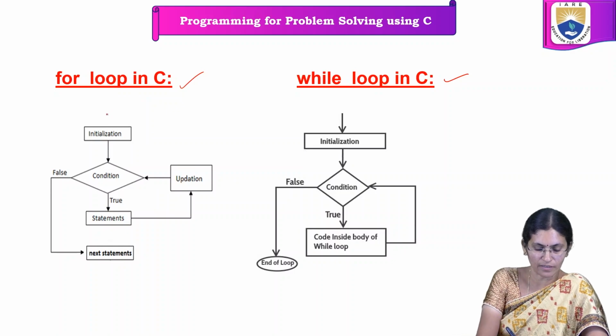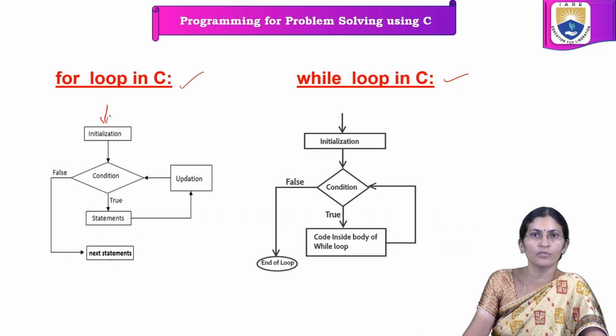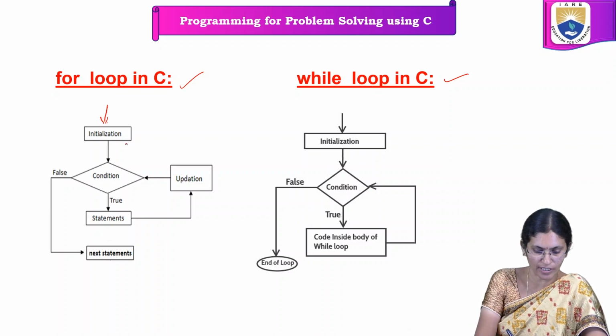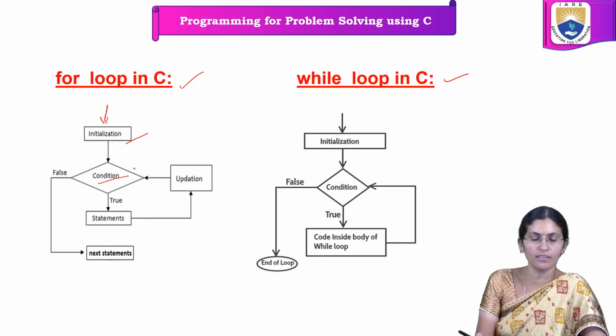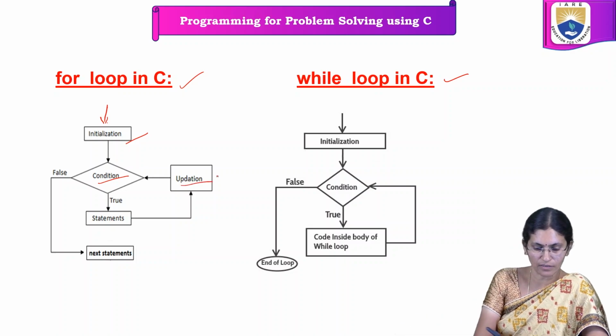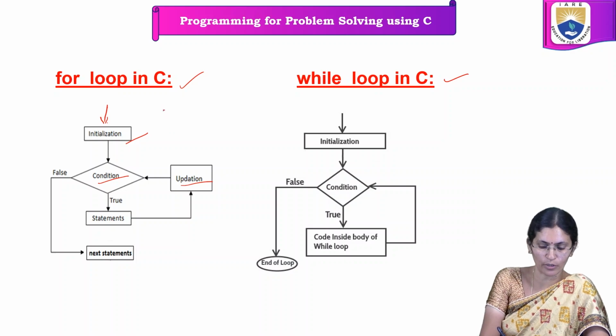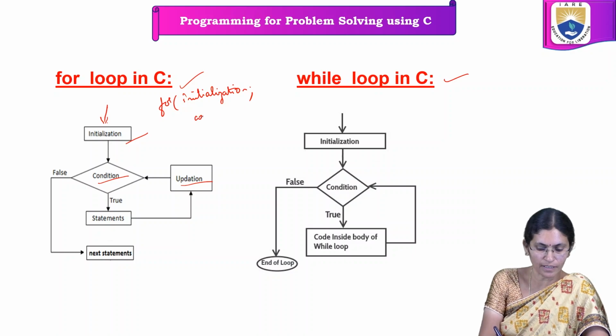For loop, you can see here. For any loop, there are three important expressions. The first one is initialization, the next is the condition to be checked, and the last is updation. The syntax of the for loop is: for, initialization, followed by a semicolon, then the condition, a semicolon, and then updation.